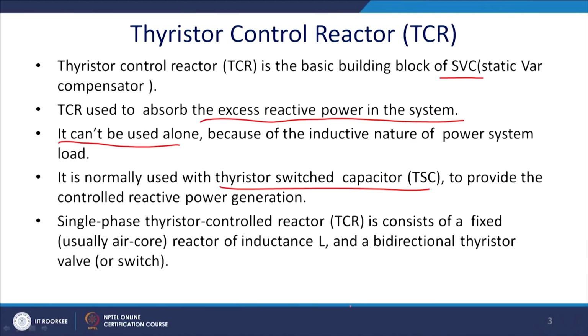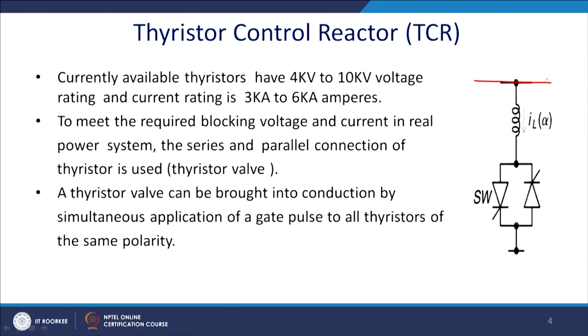A single phase thyristor controlled reactor consists of a fixed, generally lower power rating, air core reactor inductance L, connected with bidirectional thyristors in anti-parallel fashion. Let us see its topology. It is a shunt device, so you can control the current depending on the switching angle of the thyristors.